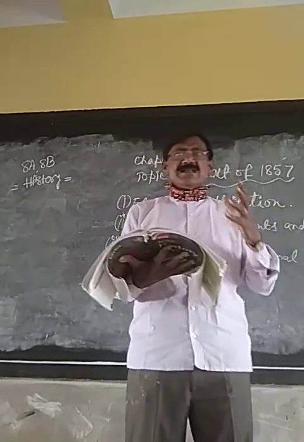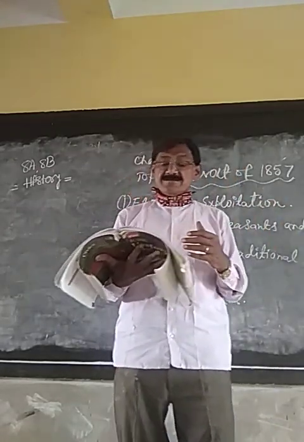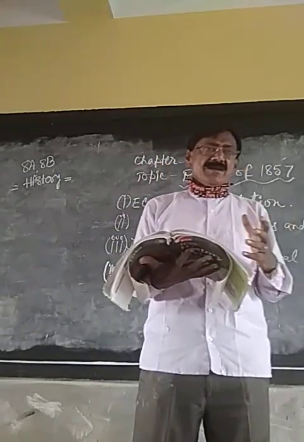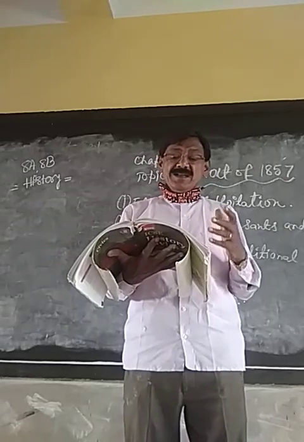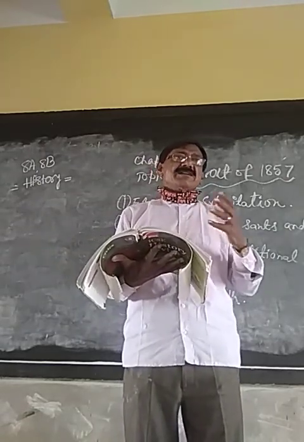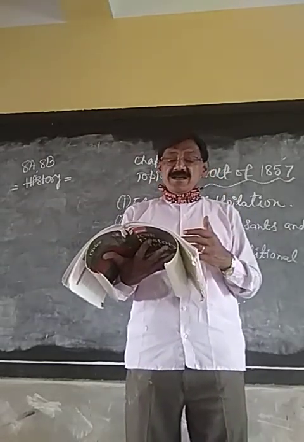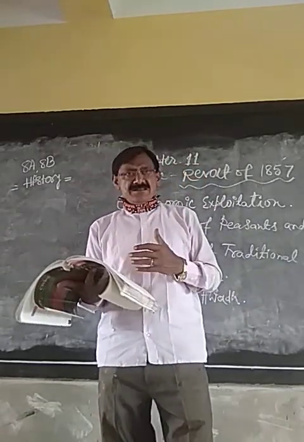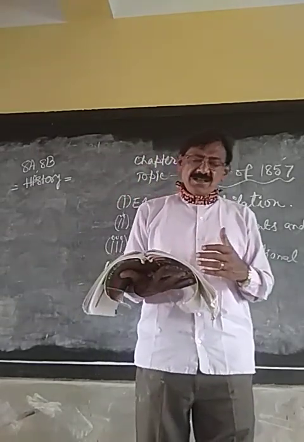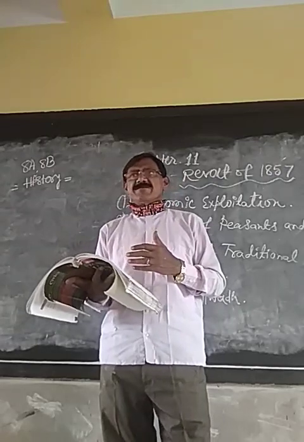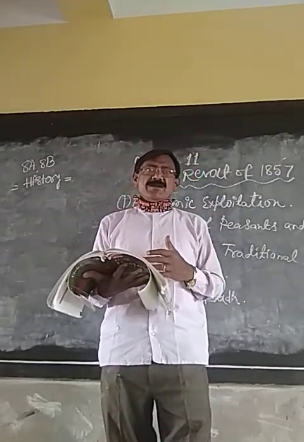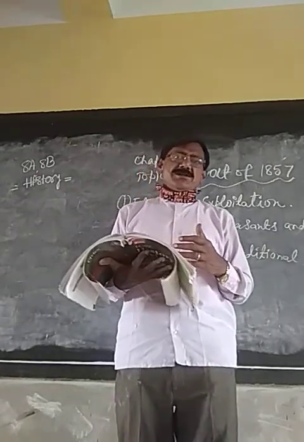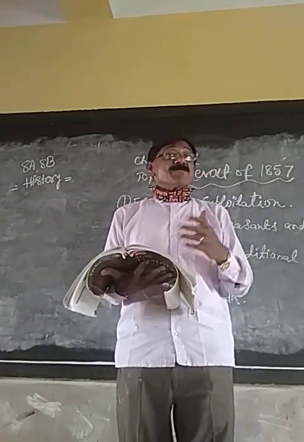Many talukdars and zamindars lost their jobs because of the properties confiscated by the British, which led to widespread discontentment. And these were the reasons, my dear students, the revolt of 1857 was inevitable, and this section of people extended their cooperation towards the Sepoys.